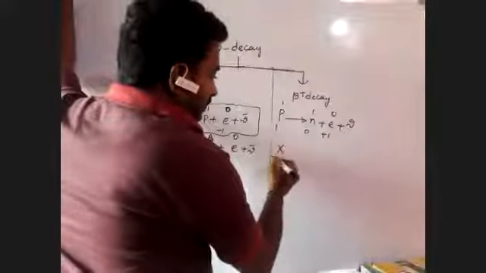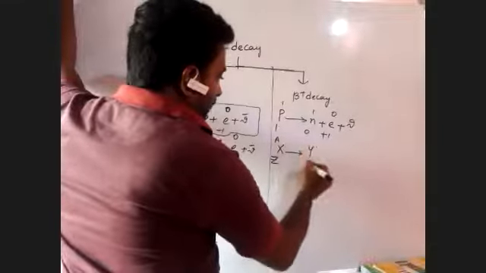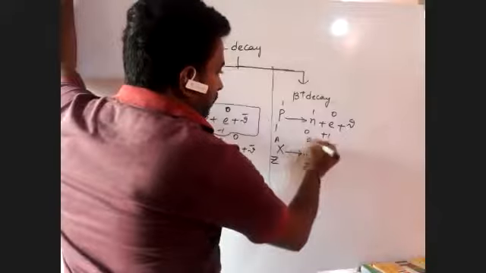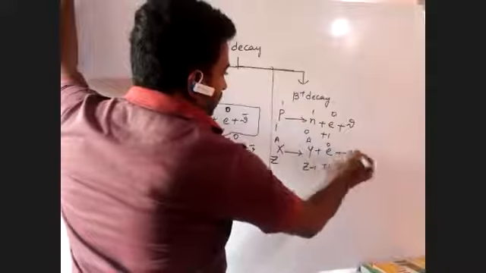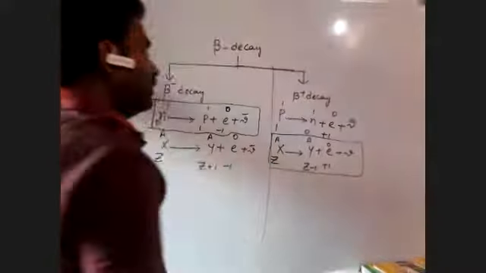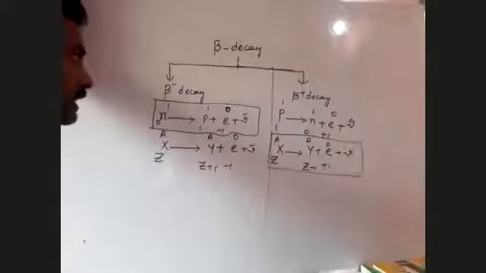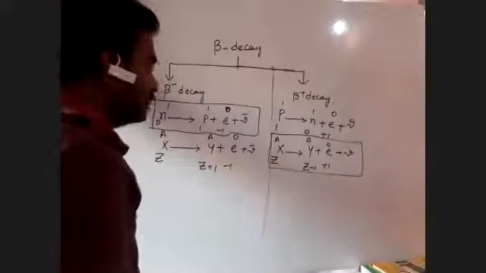In this case, the atomic number decreases by 1, mass number remains the same. This is the positron, and this is the equation for beta plus decay. This is beta minus decay and this is beta plus decay.